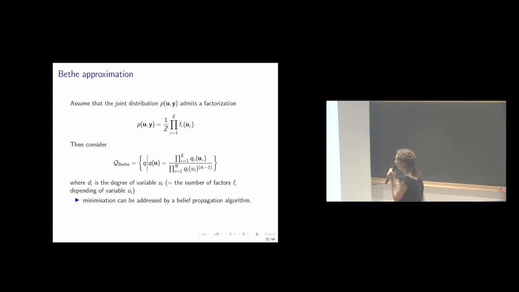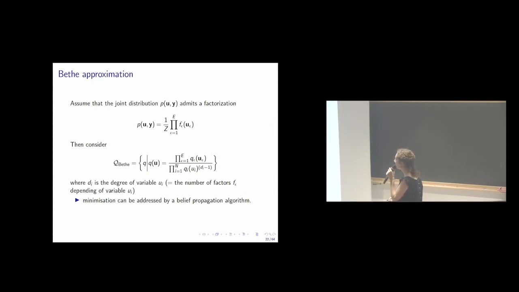And here you get something a little bit more complicated, in which you have this di here, which is the degree of the variable ui. This is the number of factors f of epsilon depending on the variable ui. Okay, let's just accept it, and then we will go further in the explanation.